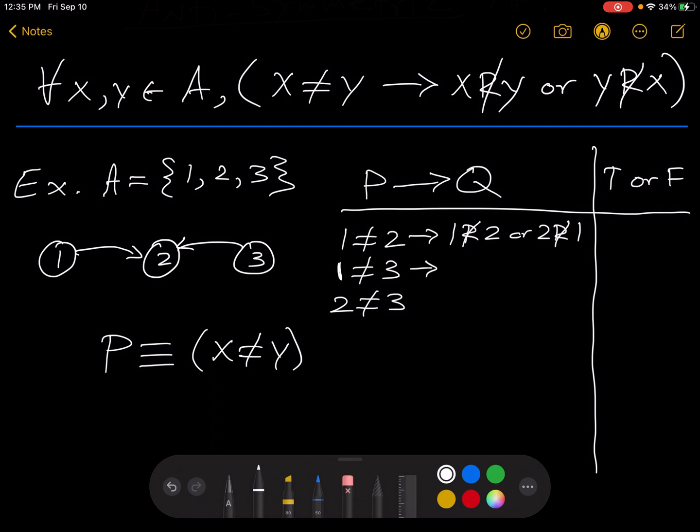All right, this gives 1 is not related to 3, or 3 is not related to 1. And the Q part here is 2 is not related to 3, or 3 is not related to 2.